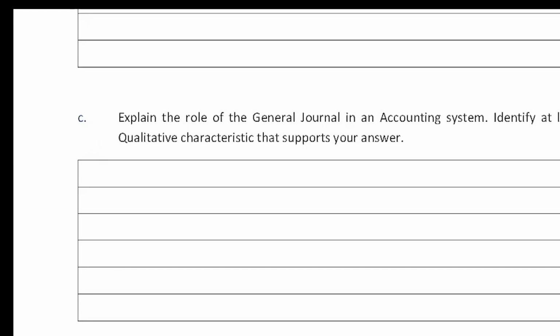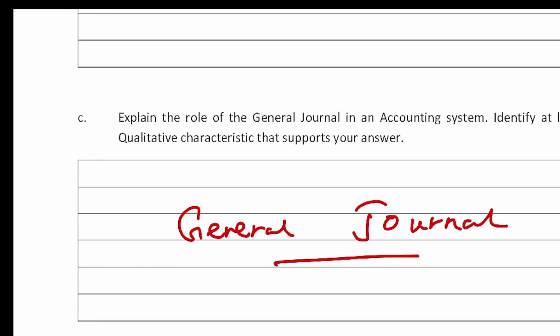Write the topic, general journal. Apparently I have given only the general ledger.